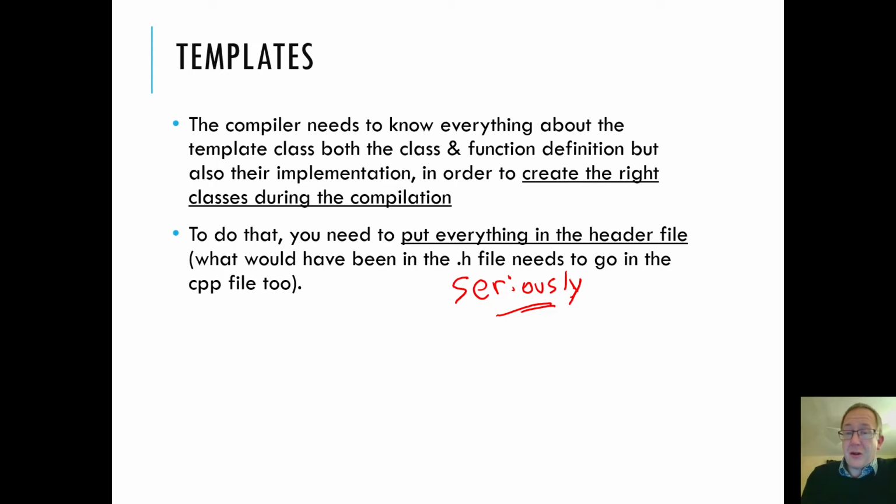Right now, if I want to make a templated class, a class template, I need to put everything in the .h file. You can also put it in the CPP file, but essentially you've got to put everything in the header file, which makes things a little bit wonky.